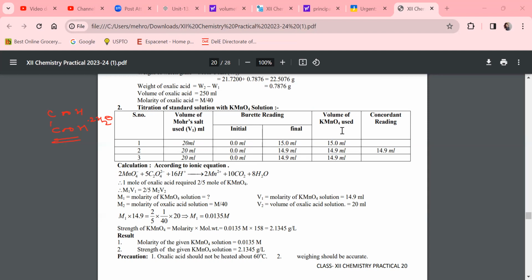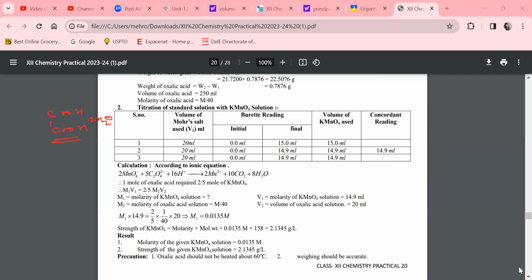And this is the final reading of the KMnO4 that you have taken from the burette. The 2 or 3 readings of the burette that are the same are the concurrent readings. You will start your calculation with the concurrent reading. You have to know its calculation exactly.